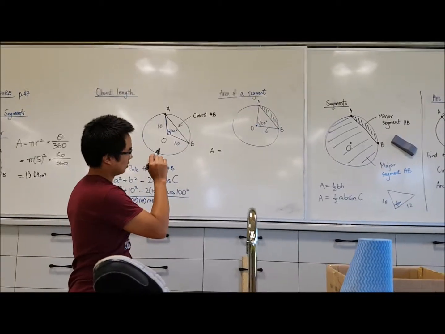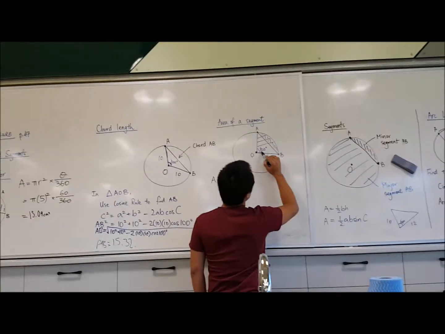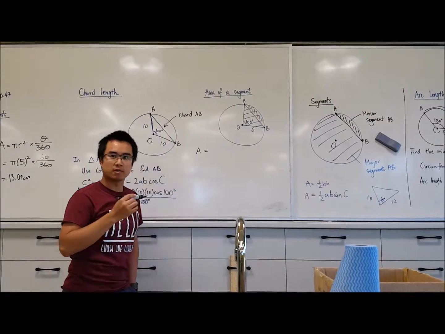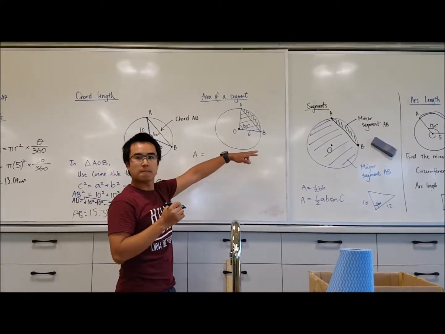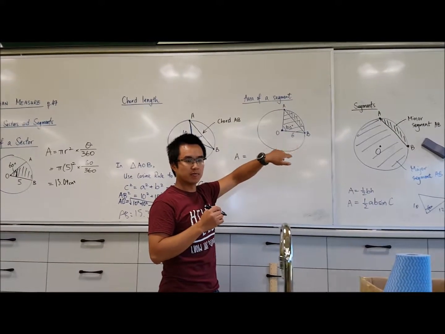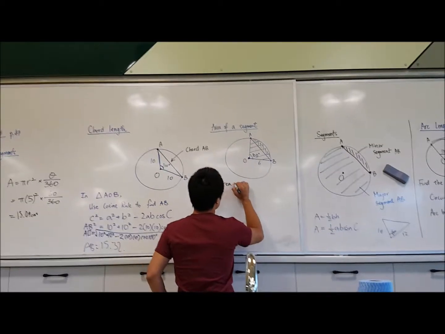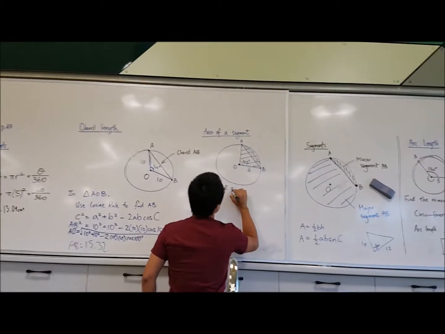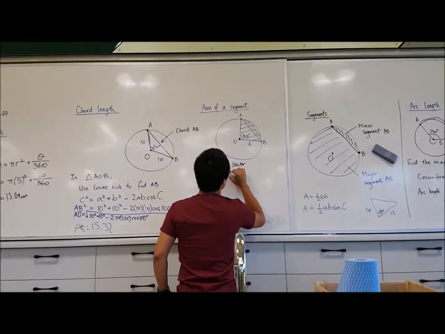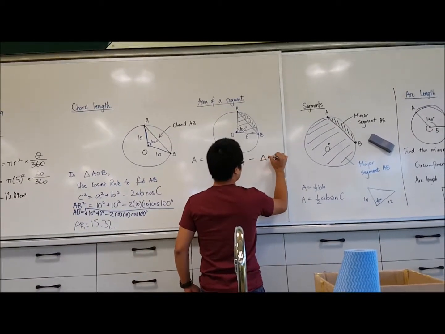Okay, so like you said, the sector is just this part. If you work out the area of the sector, you get that, and then take away the area of the triangle, and you're left with the segment area. So it's the area of sector AOB, take away the area of triangle AOB.